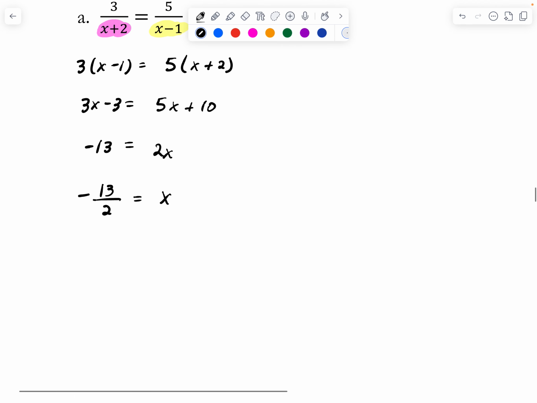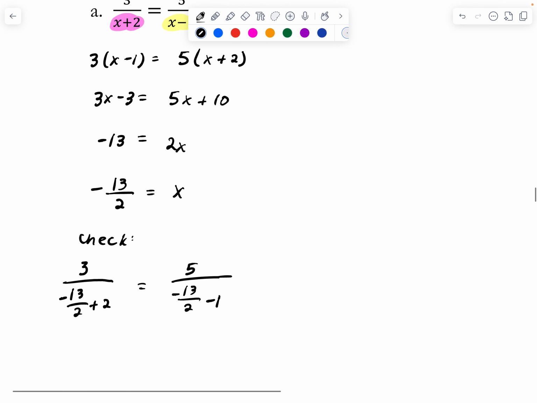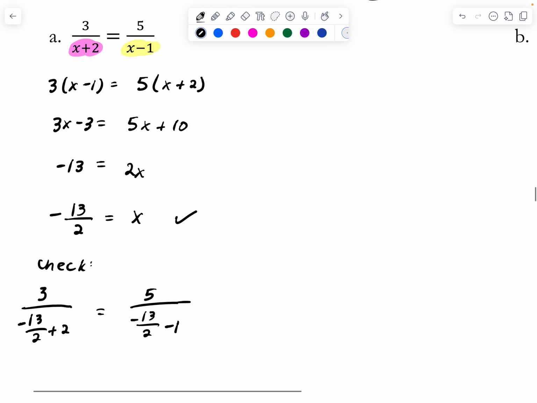If I checked it and wrote 3 over negative 13 halves plus 2 equals 5 over negative 13 halves minus 1, you'll notice that each of these would not be 0. So this is okay, but you always want to check with rational equations to see if it makes 0 in the denominator, because if it does, it is an extraneous solution, so I should cross it out. So make sure you're checking when you're doing these problems.